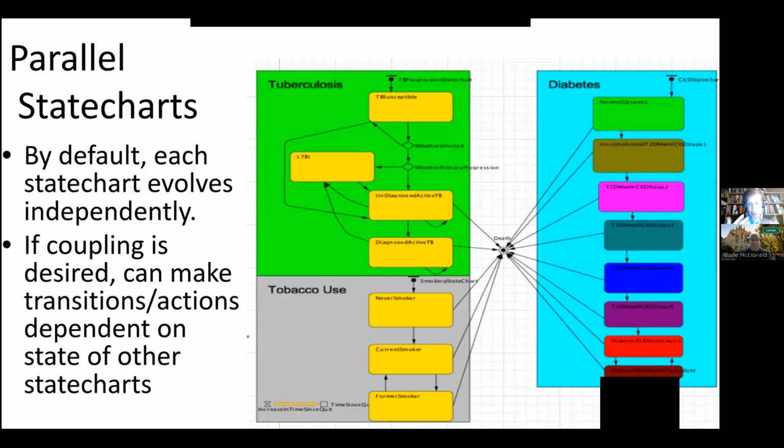And we can characterize, for example, in different state charts, different concerns, and still have them interact in ways that are defined, perhaps through surgical small interactions, but otherwise evolve fairly independently.